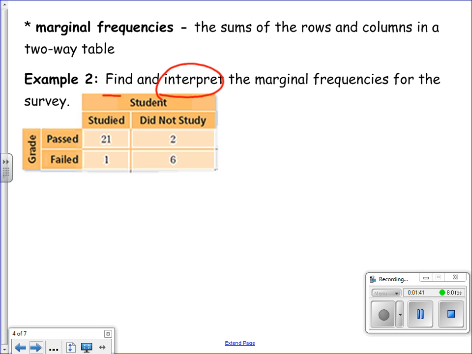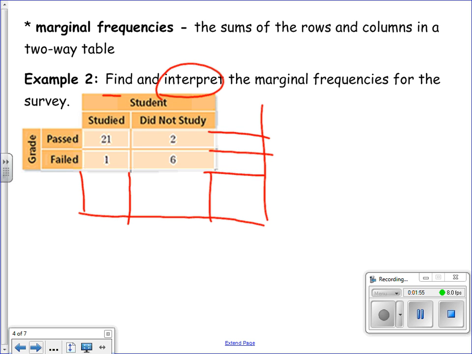We need to add up the sums of the rows and columns. So basically, we're adding another row and another column, and we will title that totals. Total here and total here.